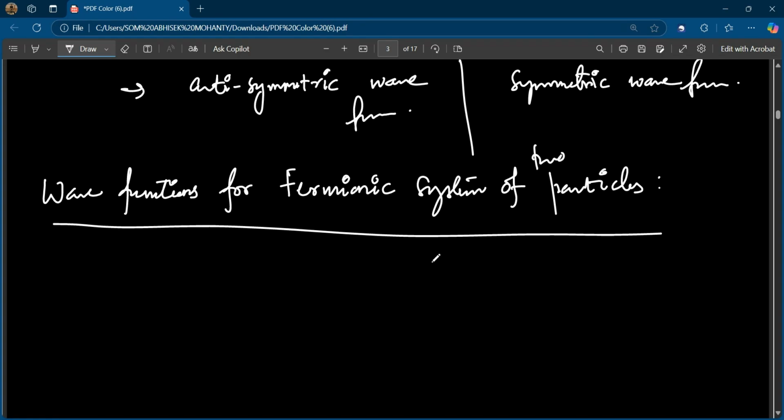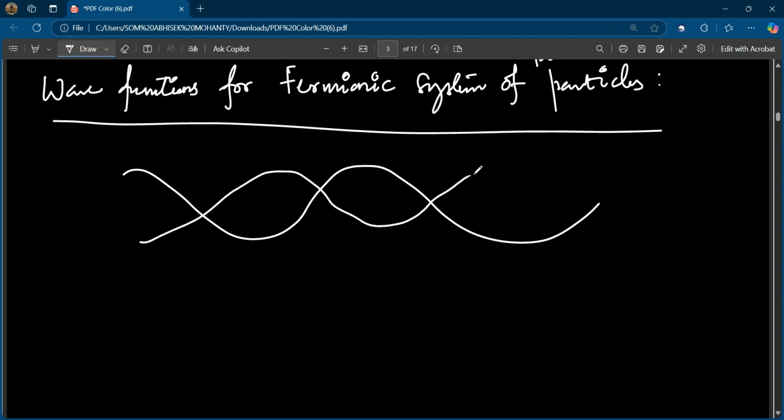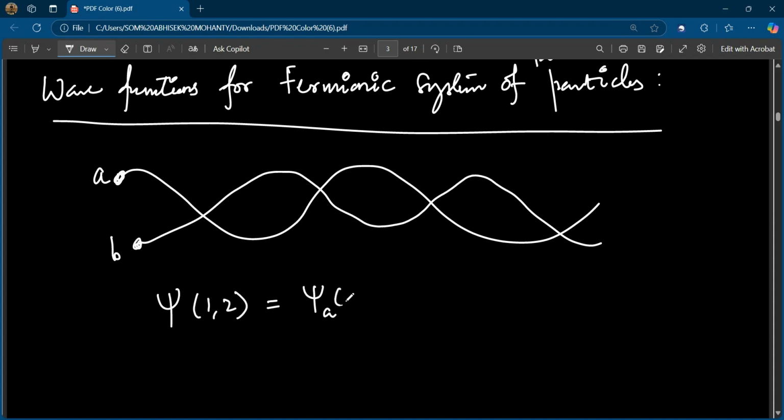It's indistinguishable, which means there is an overlapping of the wave functions of the two particles. Suppose this is wave function A for particle one and B for particle two. Then psi(1,2) would be written as psi A(1) times psi B(2), but no, this is for distinguishable particles.